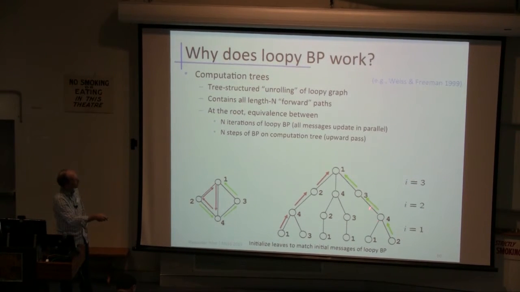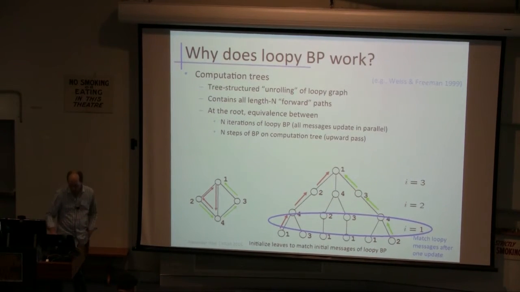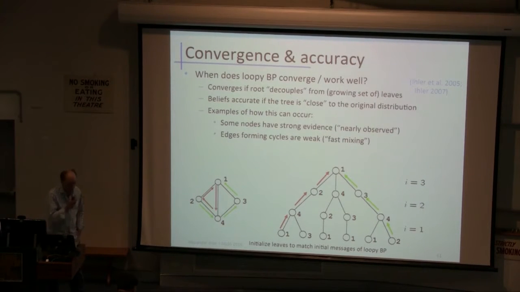The second pass of messages, you'll calculate the messages at this level of the tree, and so on. And so what this means is that you can understand loopy BP's behavior by the connection between the original model and this strange expanded model.